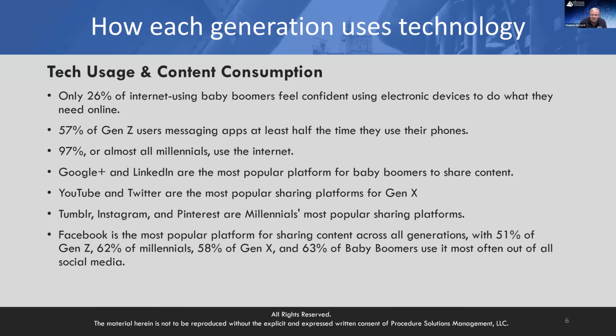Google and LinkedIn are the most popular platforms for the baby boomers that do use it. YouTube and Twitter, I mean, how many times do you hear things about Twitter and Elon Musk and all the different stuff? Those are the most popular sharing platforms for Generation X, right? Tumblr, I don't think I even heard of Tumblr, right? Tumblr, Instagram, Pinterest are the millennials' most popular sharing tools. And Facebook is the most popular platform for sharing content across all generations with 51%, and then so on and so forth, right?